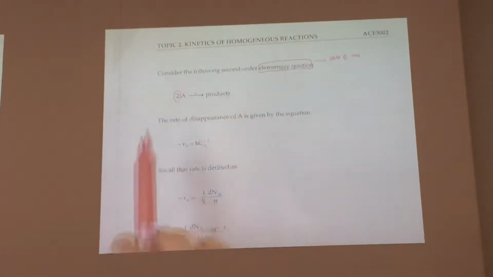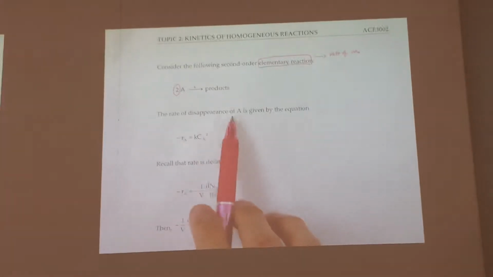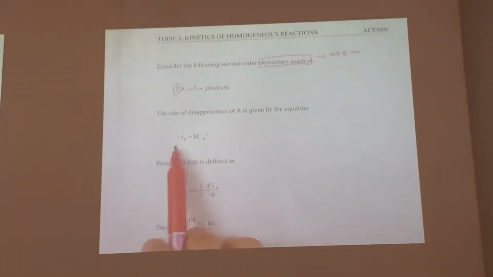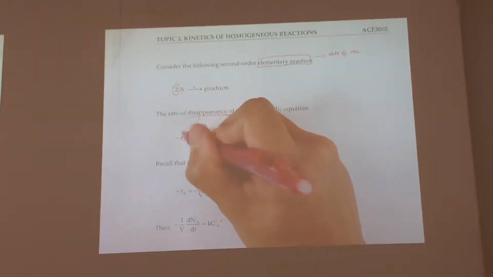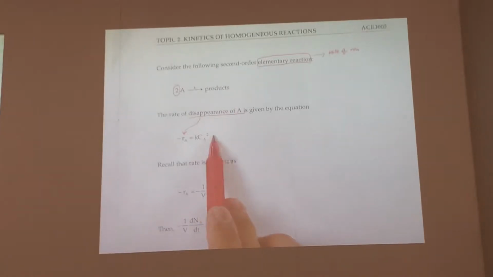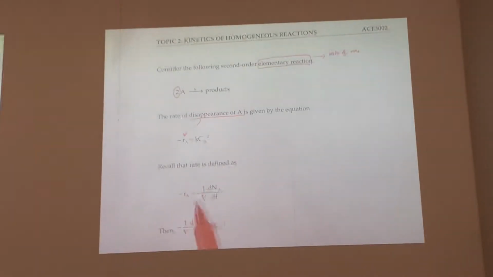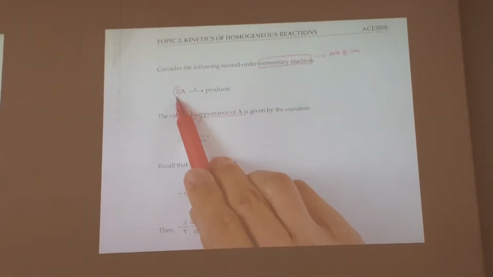So the rate of disappearance of A, minus rA, equals k CA squared. And the order of reactant A is 2, right?